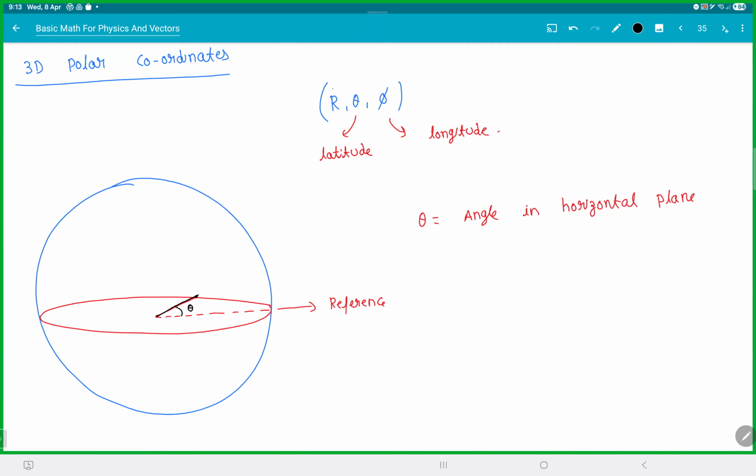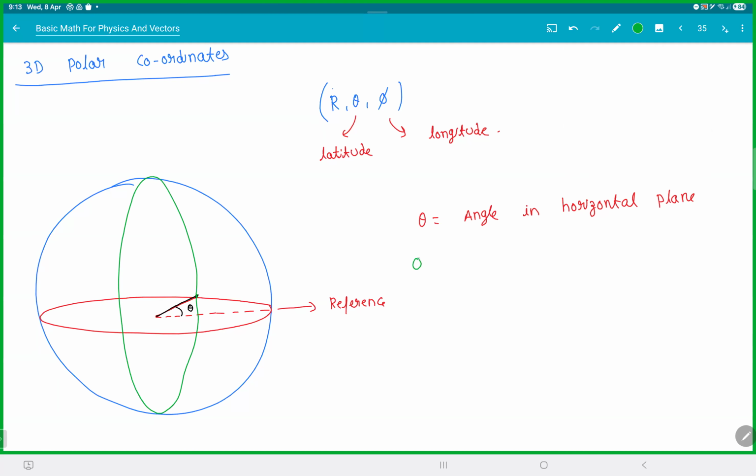Now look at this thing. Try to understand the meaning of this address. When you say R, you can be anywhere on the sphere. When you say theta, when you rotate horizontally by theta, you can be anywhere on this circle. Basically any meridian, isn't it? You can be anywhere on this meridian.